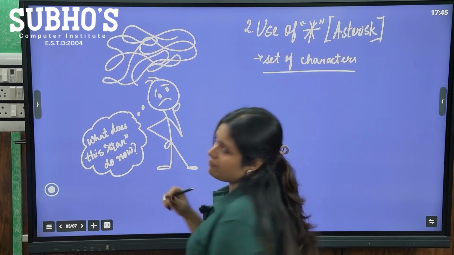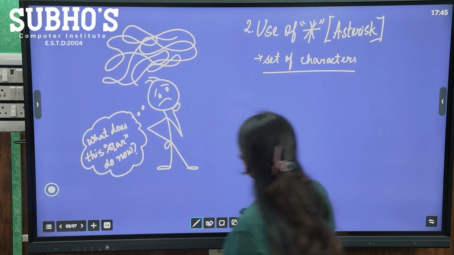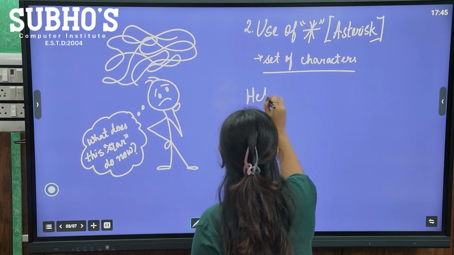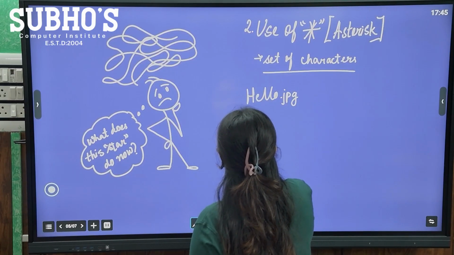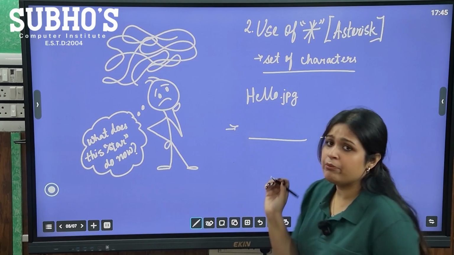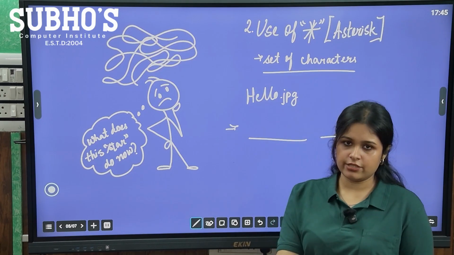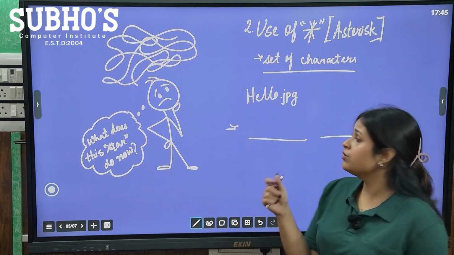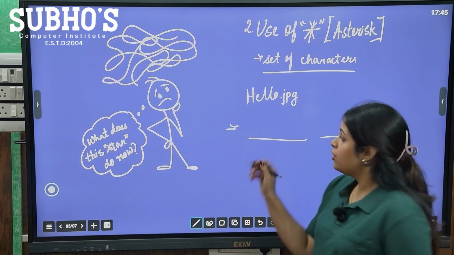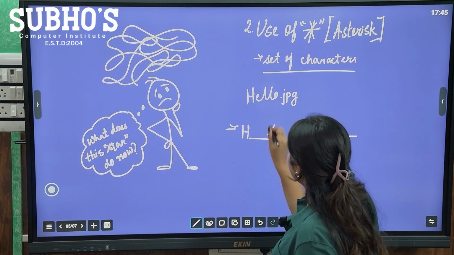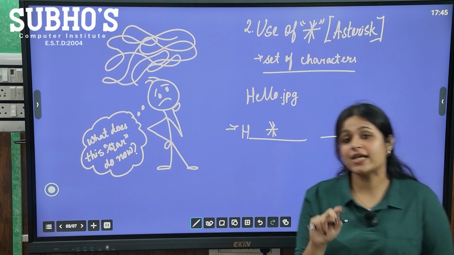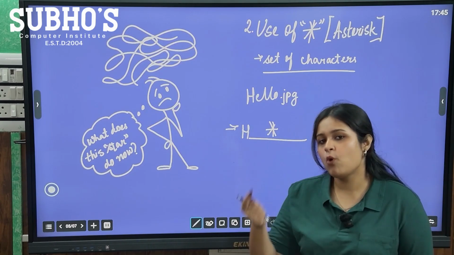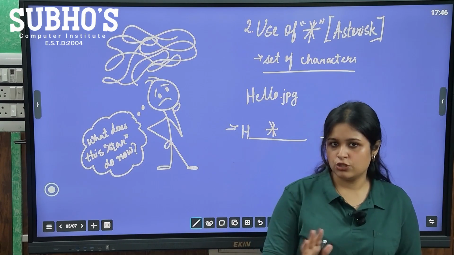Now I'm going to come back to the same old example we were using, that is hello.jpg. Let's assume you only remember H and that is about it. You don't remember the extension, you don't remember what comes after H. So then you can use an asterisk there, because we already know that an asterisk refers to a set of characters, meaning more than one character should be there.